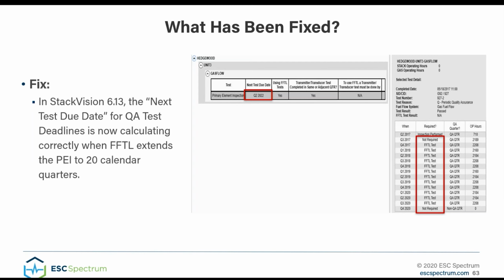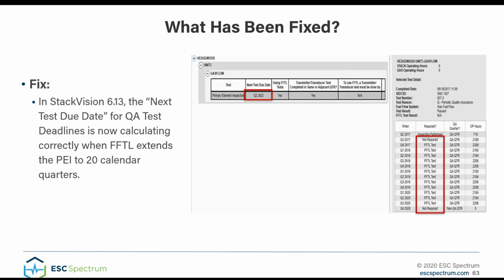And in this example, there are 12 fuel flow to load tests plus 2 not required plus 6 future quarters, which equals 20 calendar quarters. And this meets the 20 calendar quarters requirement when using a fuel flow to load test to extend the next due date.